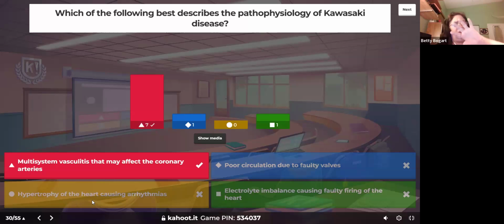And our biggest concern is an aneurysm on coronary arteries. So what would you imagine one of the tests that we want to run as soon as we can on any child suspected with this? It's an echocardiogram, right? We want to look at those coronary arteries, making sure there are no aneurysms there.